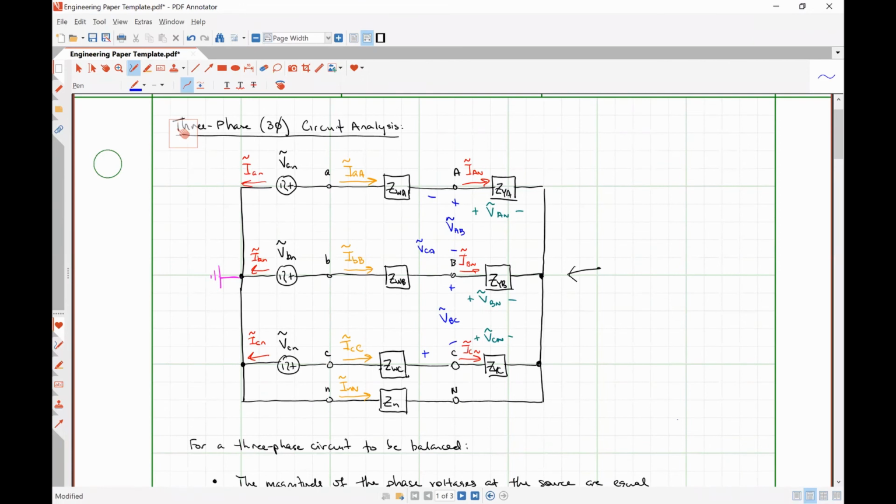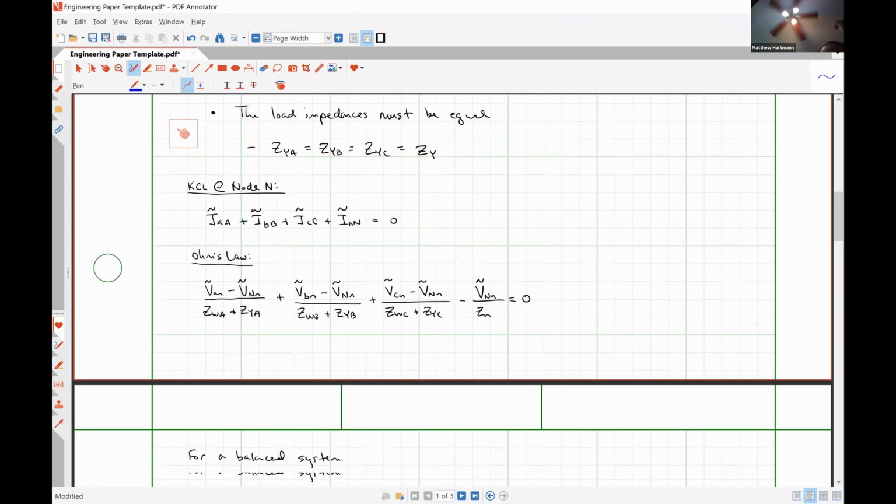All right, so let me write that down. We can see that VAB is VAN minus VBN, using the relationships that we just got.